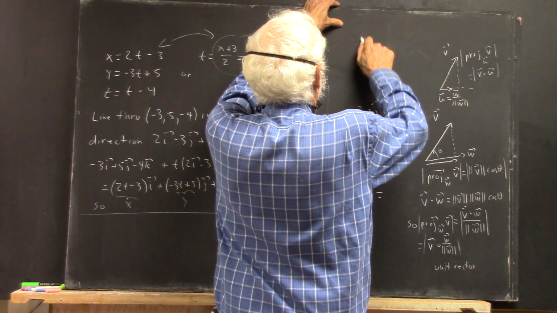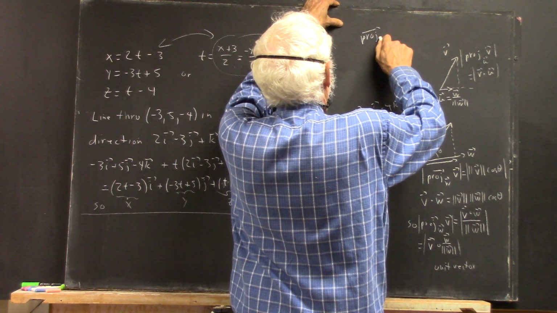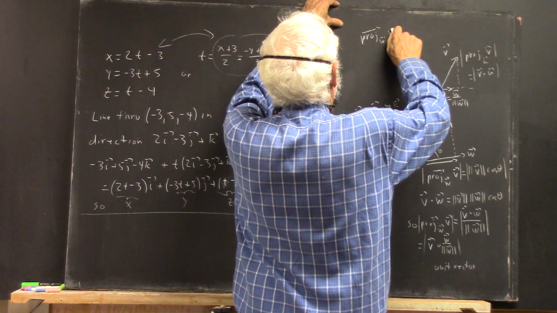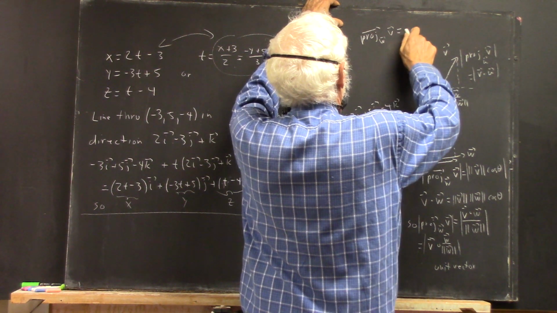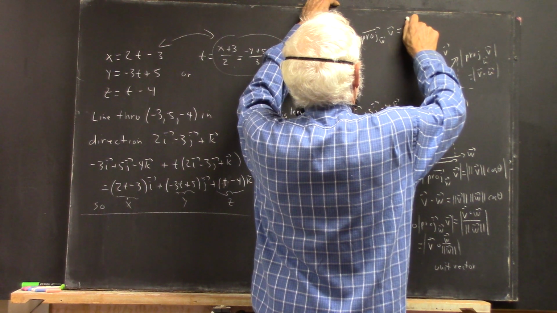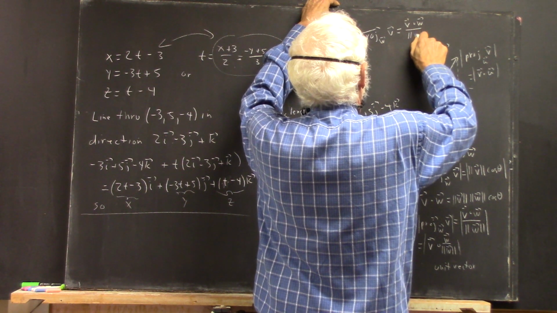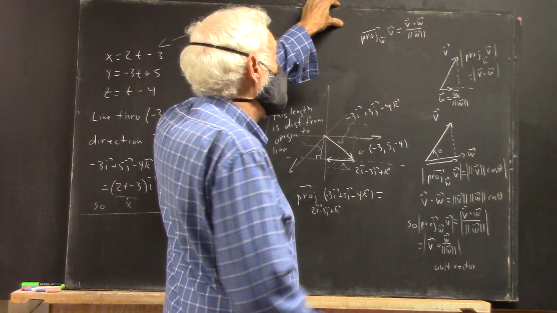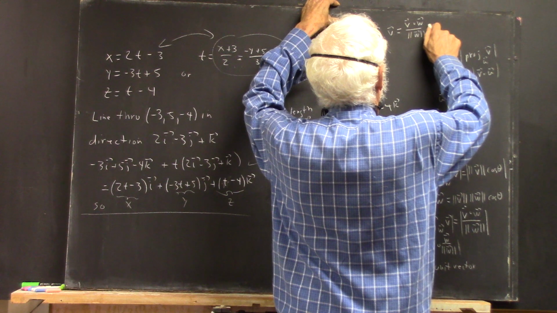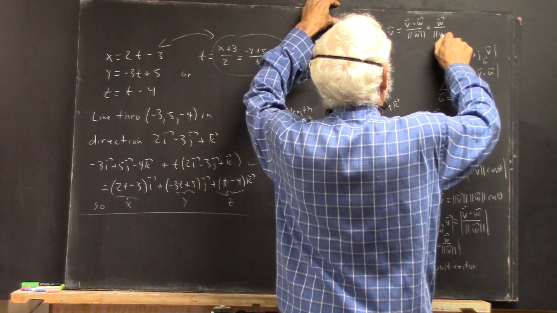So the vector projection is this multiplied by a unit vector in the direction of w.